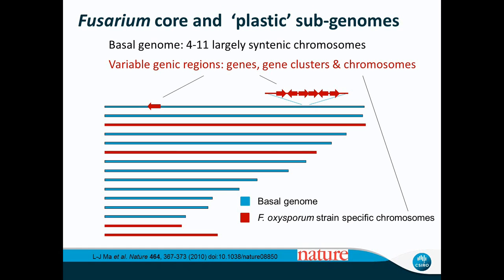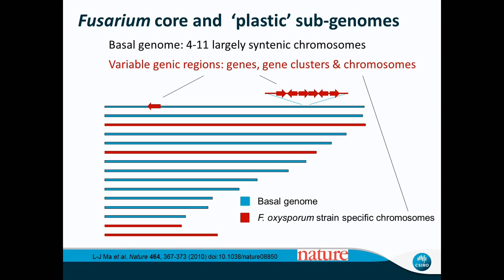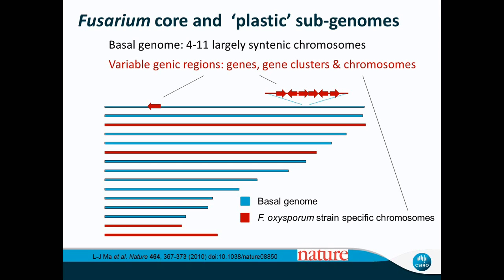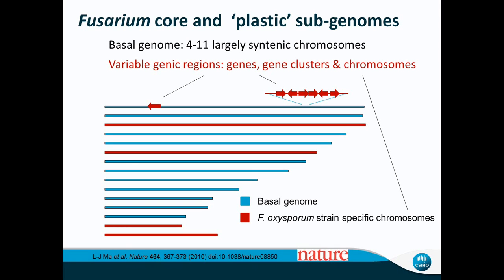I think one of the reasons why this species has a larger genome is these strain-specific chromosomes. Their importance is that they contain genes important for virulence functions for the plant. For some reason, during evolution, these gene regions accumulated on these chromosomes.